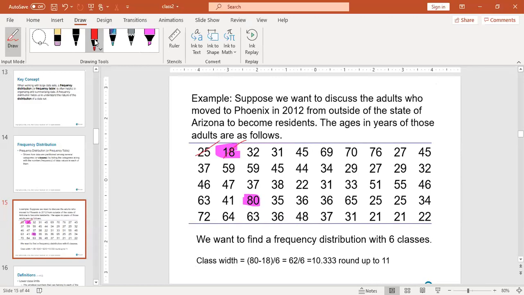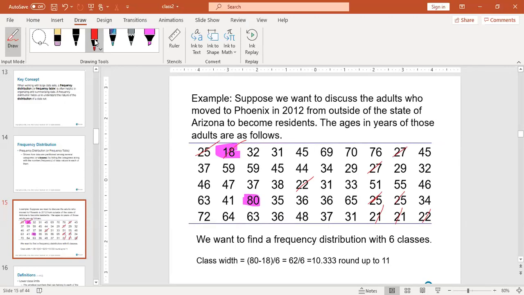1, 2, 3, 4, 5, 6, 7, 8, 9, 10. Nothing else. 10. Then that is the way you find the frequency.